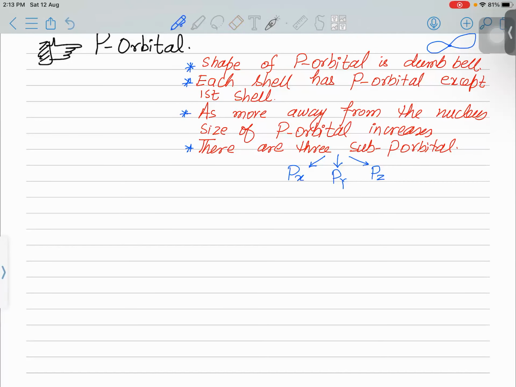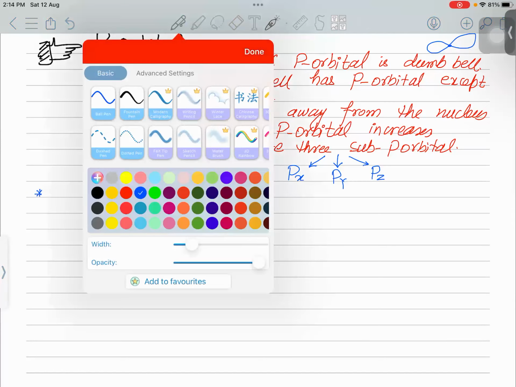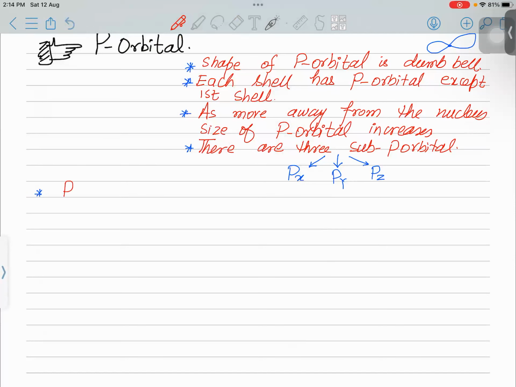Next point: the p orbital along the x-axis is called the px orbital.